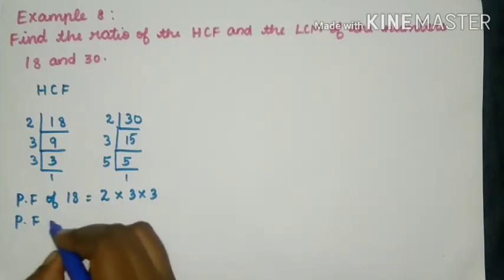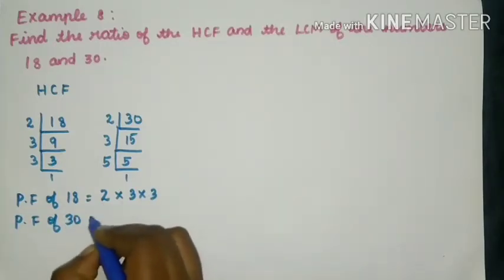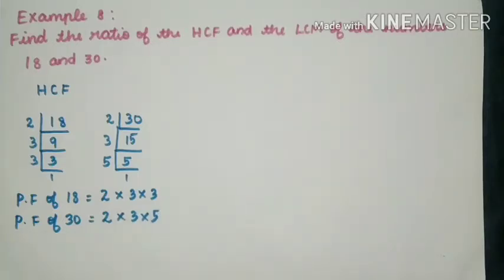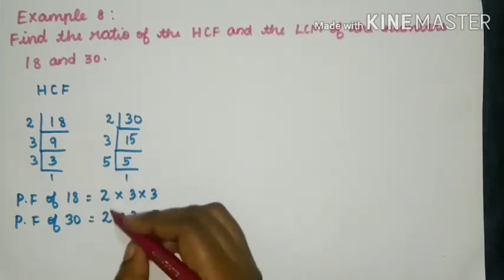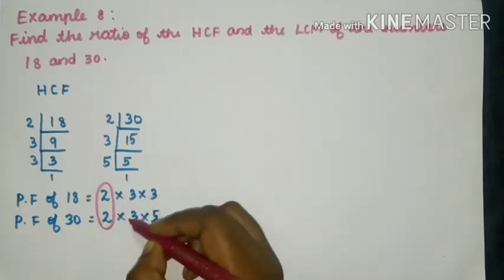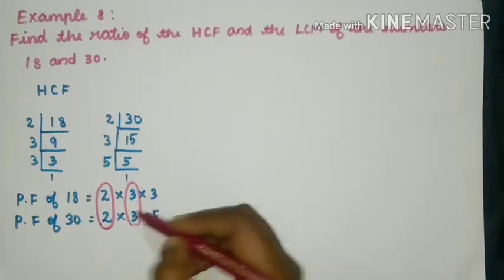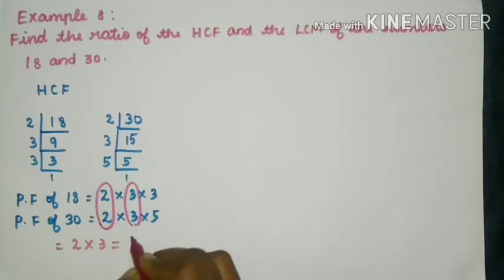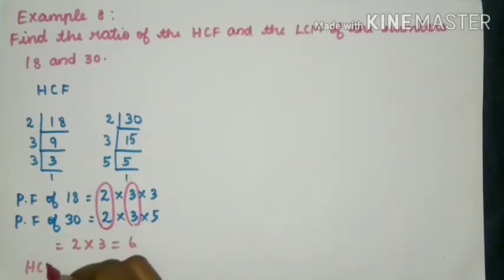Prime factorization of 30 is equal to 2 into 3 into 5. Then we have to find the common factors of 18 and 30. Here 2 is a common factor and 3 is also a common factor. 2 into 3 equal to 6. HCF of 18, 30 is equal to 6.